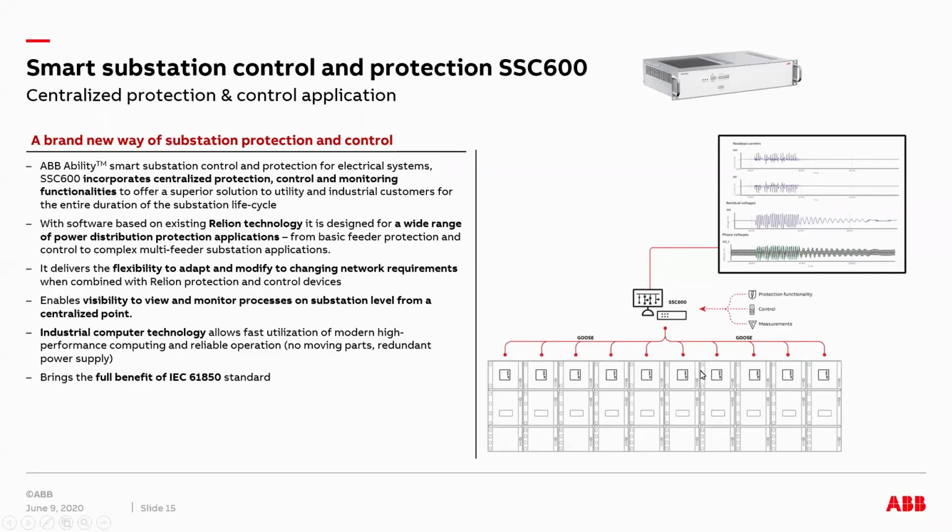It also works on IEC 61850, which we talked about earlier, subscribing to the sample values from the respective feeders, and it can also use GOOSE messages to do the interlocking and signal sharing between the devices.